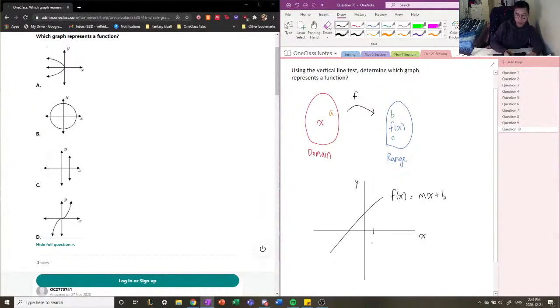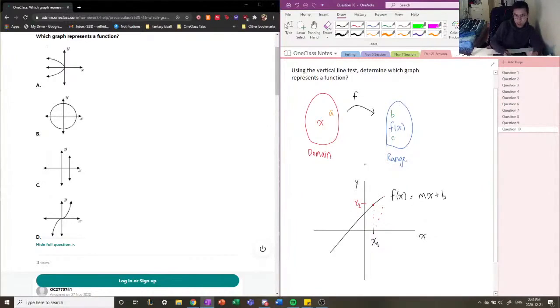For example, if we have x1 here, it maps to a value called y1, and it only maps there. x1 doesn't map to another value. That's not how our function works, as we can see by our graph.